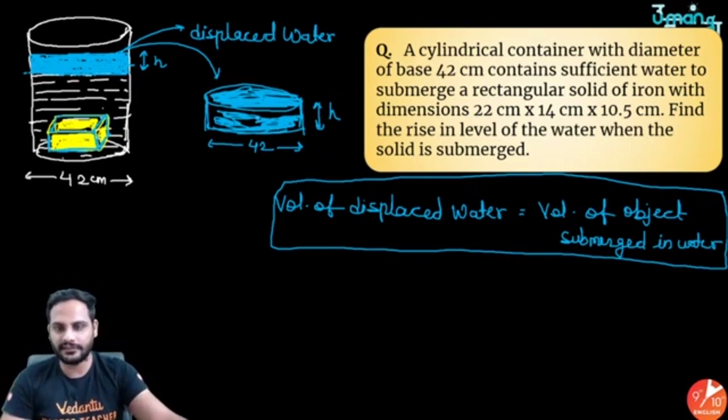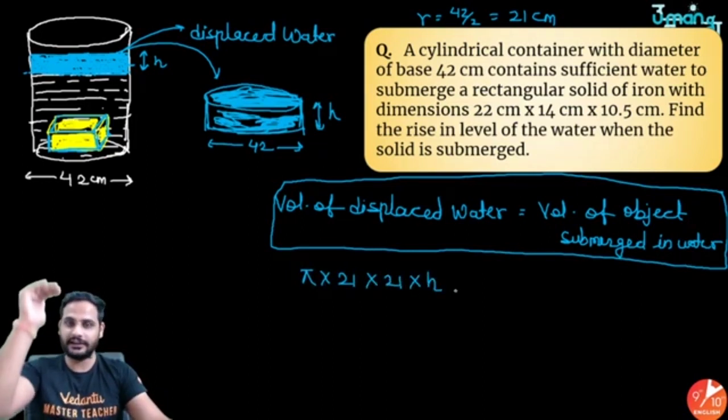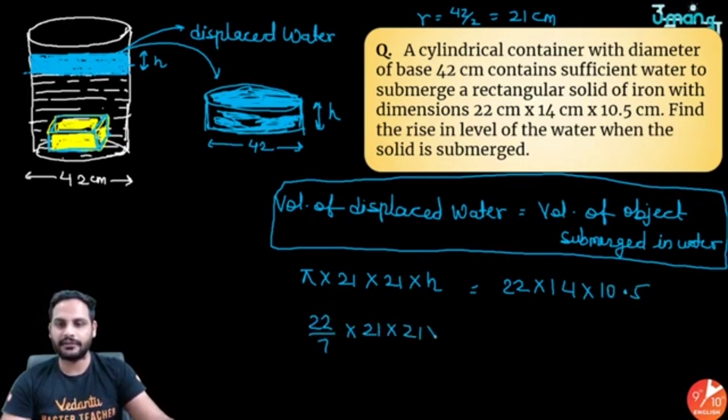So I can say, since it is a cylindrical block, the diameter is 42, so the radius will be 42 by 2, which is 21 centimeter. So volume of displaced water will be pi r squared h, where h is the increase in the water level which I don't know, equal to volume of object submerged in the water, that is 22 into 14 into 10.5. Pi is 22 by 7 into 21 into 21 into h is equal to 22 into 14 into 10.5.